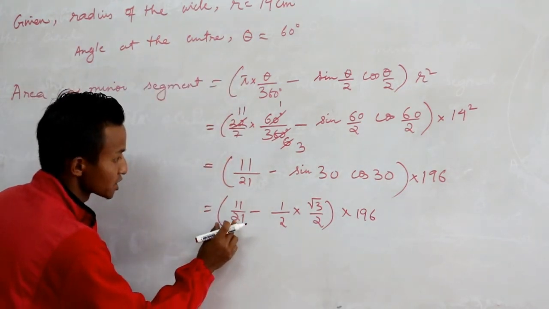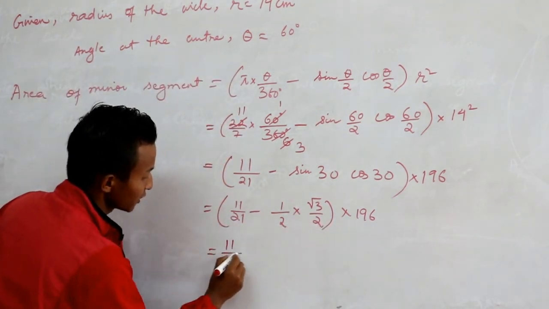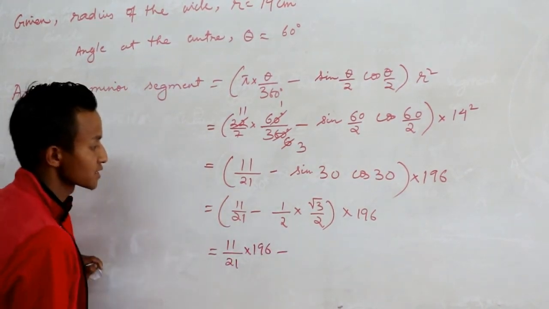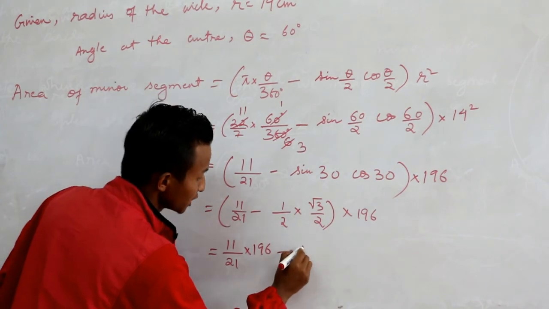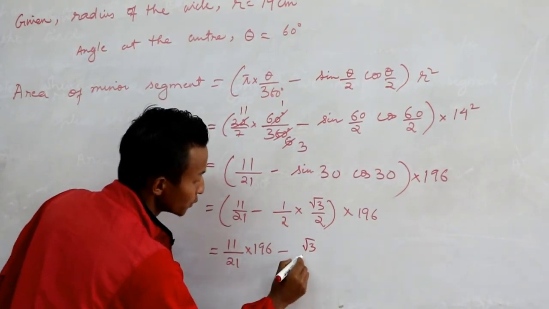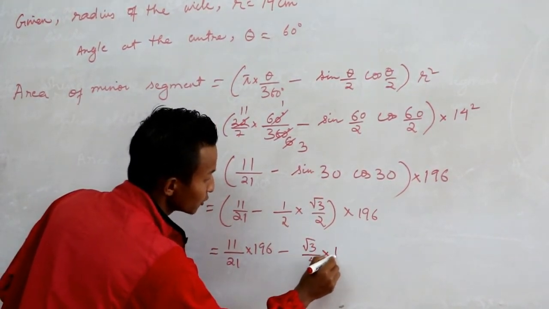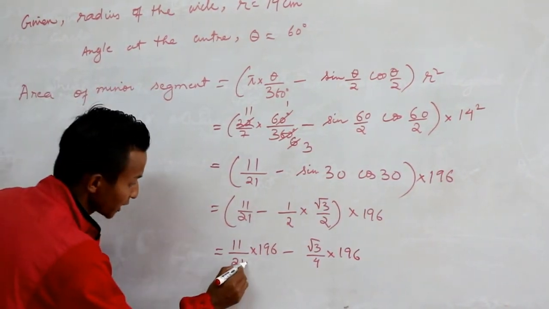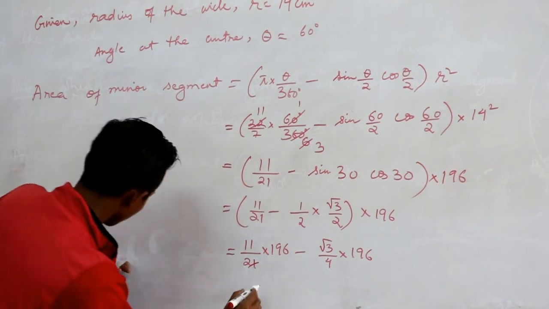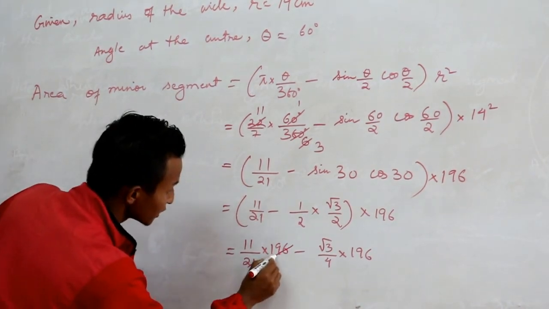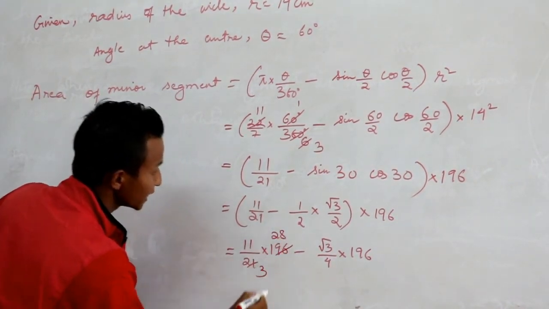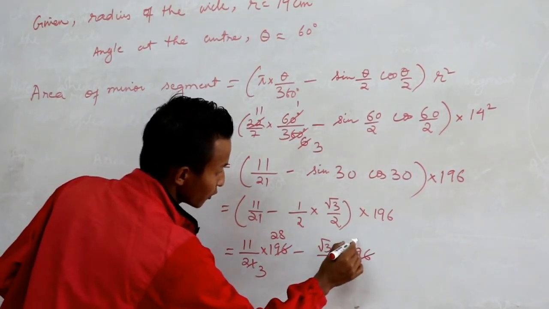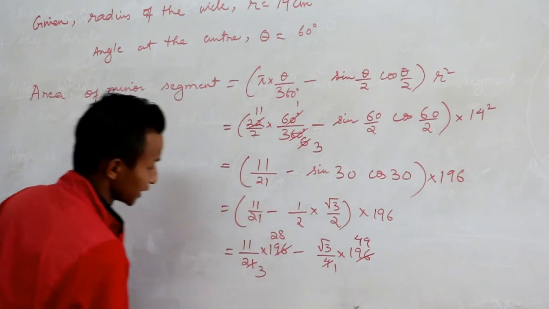Let us multiply this number and this number. 11 by 21 into 196 minus 1 into root 3, we get root 3, 2 into 4 into 196. Here we divide by 7, we get 3, also here divide by 7, we get 28, and here divide by 4, we get 1, divide by 4, we get 49.